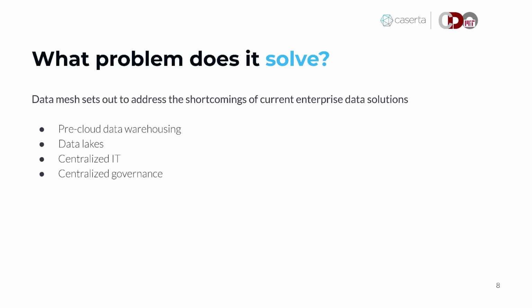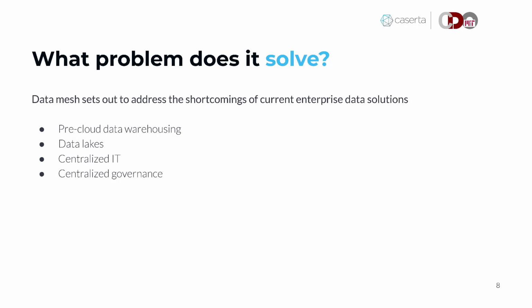So the next two are probably the biggest hurdles that you will have to overcome. Data mesh philosophy says you don't use a centralized IT for data development, right? You still need centralized IT.